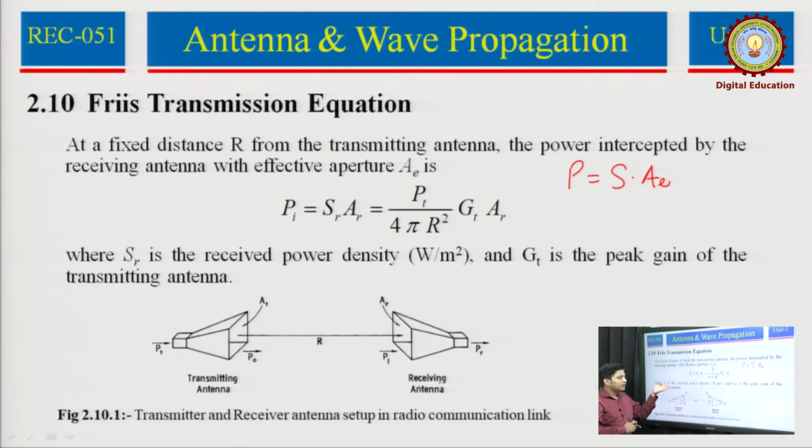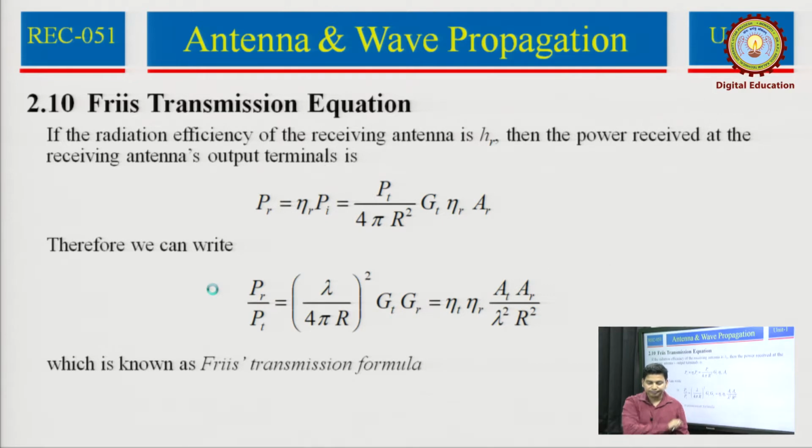So, this is the formulation. Now, SR is the received power density, GT is the peak gain of the transmitter antenna, and R is the separation distance between transmitter and receiver antenna. Now, this power, again the same diagram PT, PR, R is the distance, is given by this. Next, moving to the next slide. Now, if the radiation efficiency of the receiving antenna is eta r, then the power received at the receiving antenna output terminal is how much?